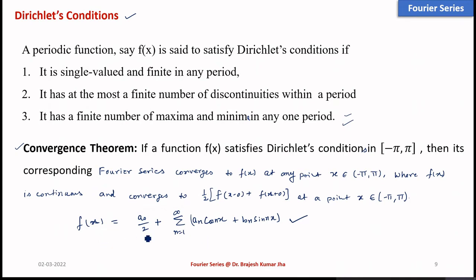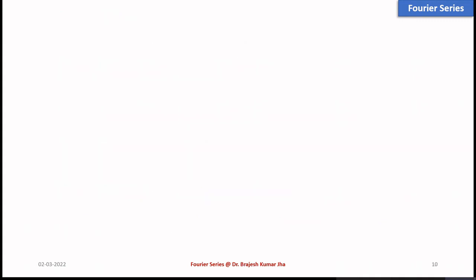Before finding these coefficients, we require a0, an and bn. So ultimately, when you are converting any function in the form of Fourier series, you are required to calculate a0, an and bn. So before this, some formulas we need to remember.